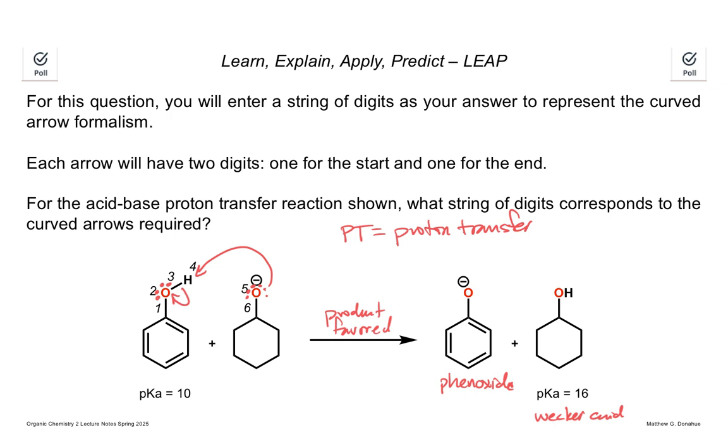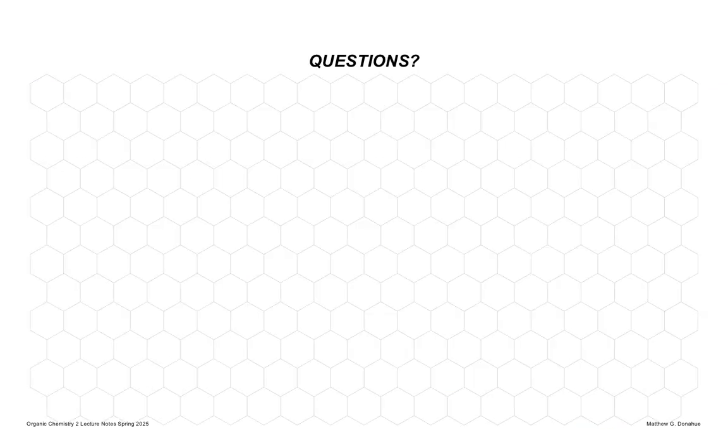So, when reactions happen in your body, they're not happening with hydroxide, they're not happening with HCl. So you have different protonation states of amino acids that help move protons around. Any questions?